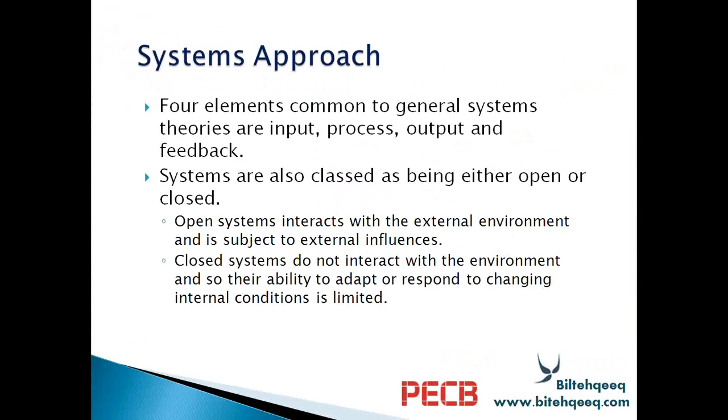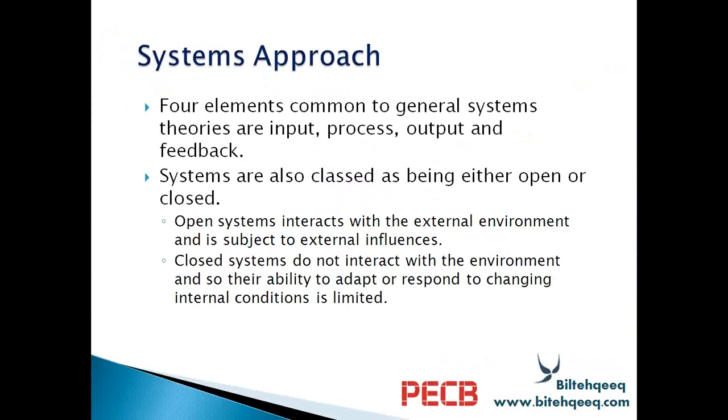Closed systems do not interact with the environment, and so their ability to adapt or respond to changing internal conditions is limited. So there are two types of system. One is the open system, which changes according to the external environment, and the second is the closed system, which does not have the ability to change according to the external environment.